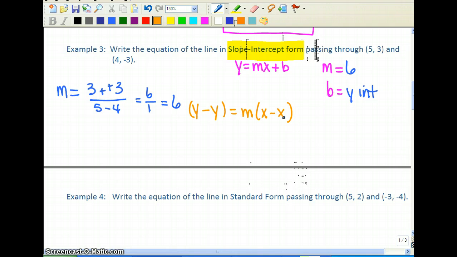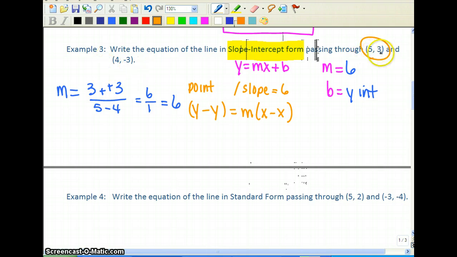In order to fill into this form, we need a point and we need slope. Well, we just said the slope is 6. And so we need a point. Well, they gave us 2 points. You can pick either one that you want. So I'm going to choose to pick 5, 3. If somebody else wants to pick 4, negative 3, we'll get the same answer.